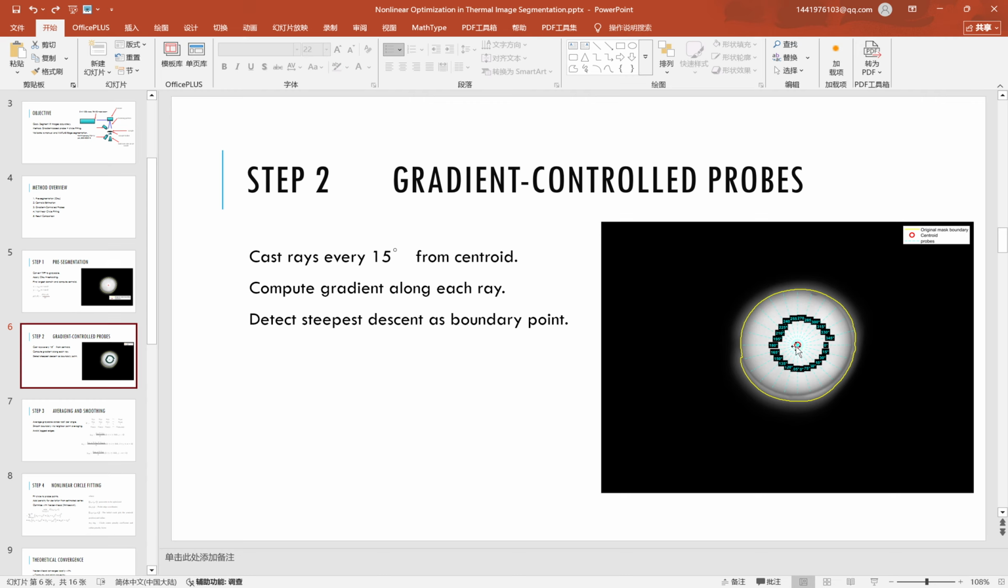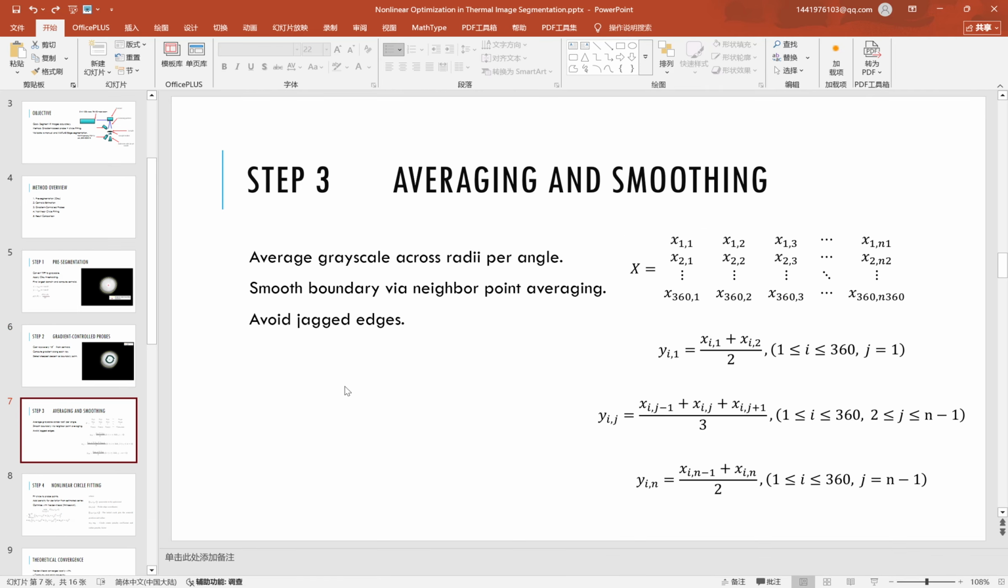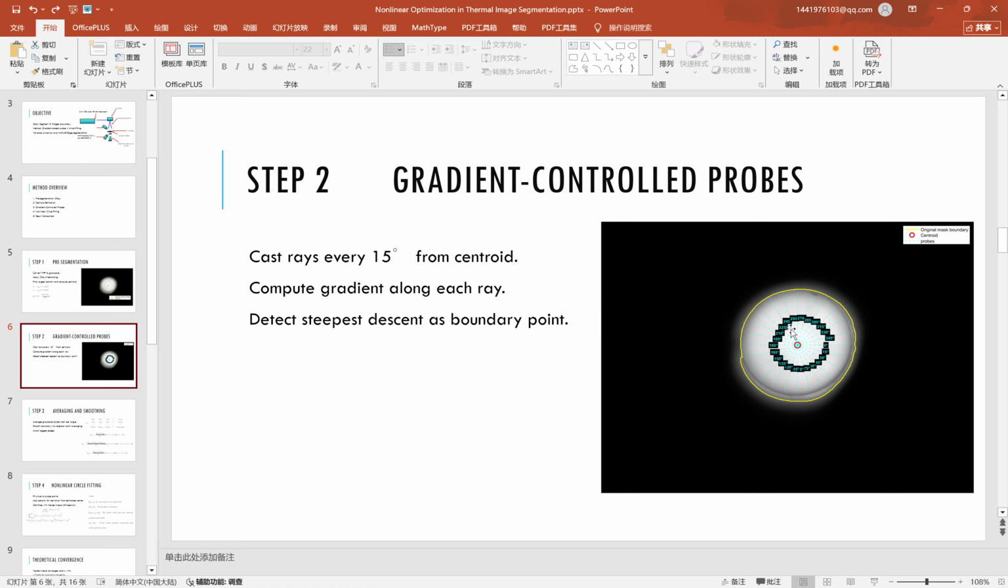On each ray, we look for the gradient minimum, as you see on the bright blue line. We seek the gradient minimum location as the detected negative gradient peak, which is R theta 0 equal to R at the minimum gradient.